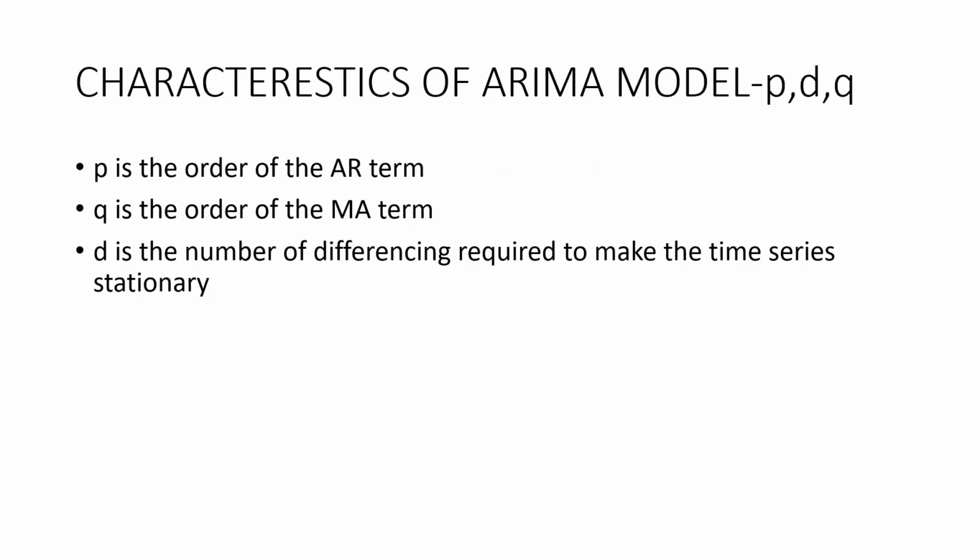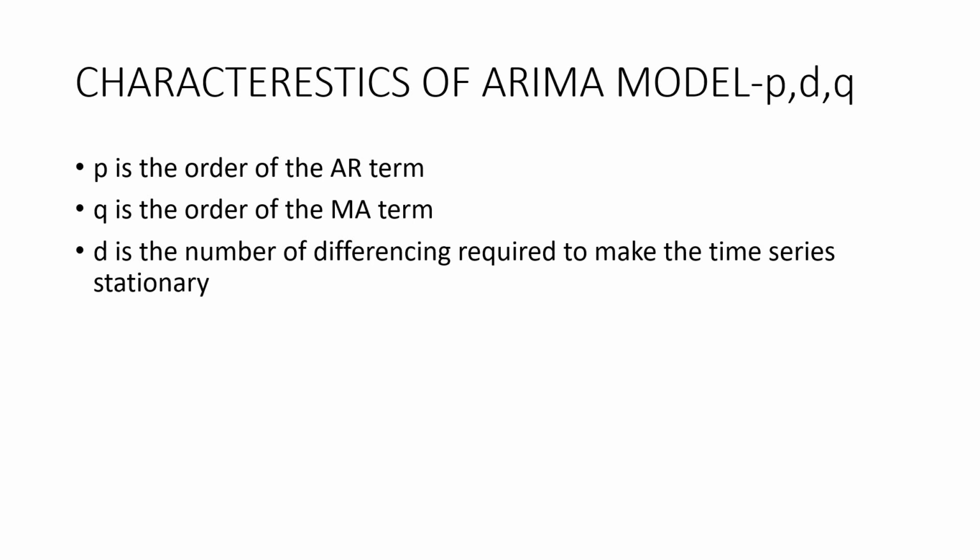An ARIMA model is characterized by three terms: P, D, Q, where P is the order of the AR term, Q is the order of the MA term, and D is the number of differencing required to make the time series stationary.